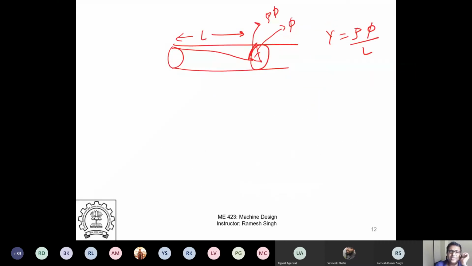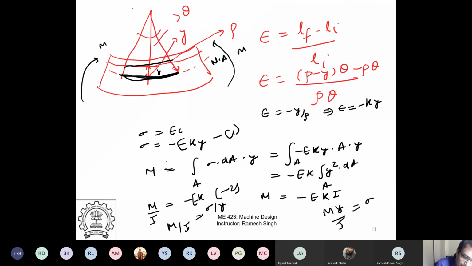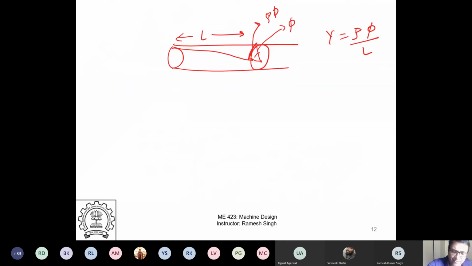Similarly, torsion also is very similar. If you do a torsion at any section, the angle of twist is phi. So here it is 0, and as you go farther and farther from here, you will have phi.